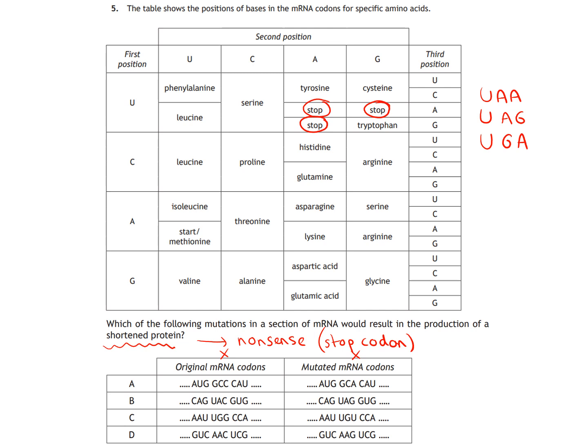So having a little look, we can see that in B we had UAC to start with, and in the substitution mutation we had UAG being coded for. So again, we have that early stop codon being produced. We wouldn't be able to produce the amino acid that is coded for here due to that presence of the early stop codon.